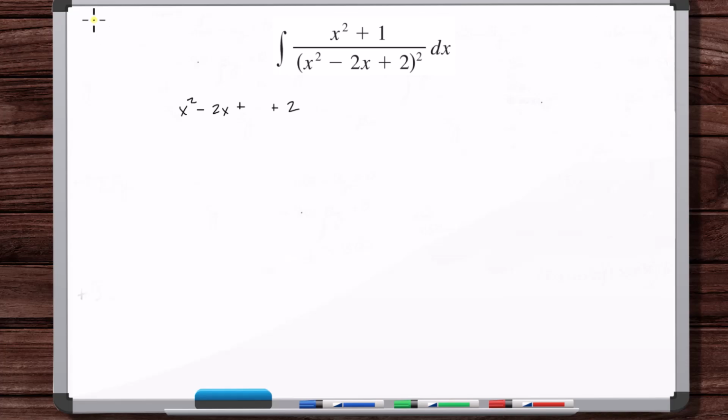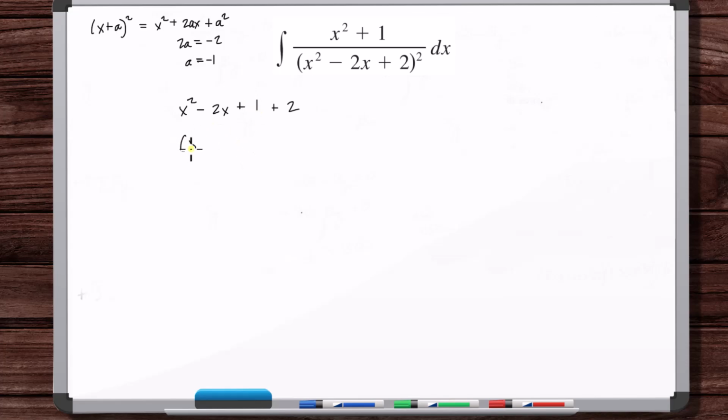Okay, so we've got x plus a squared, so 2a, okay, so we've got 1.